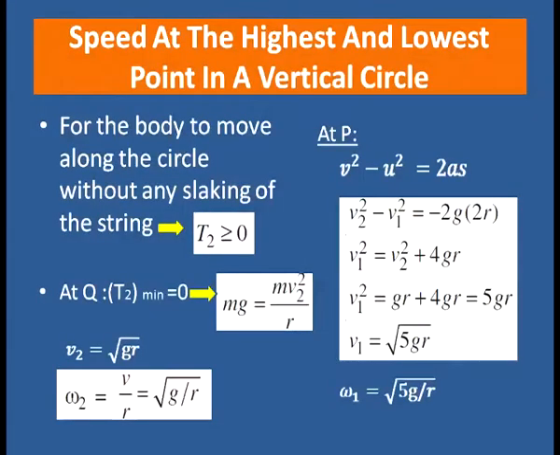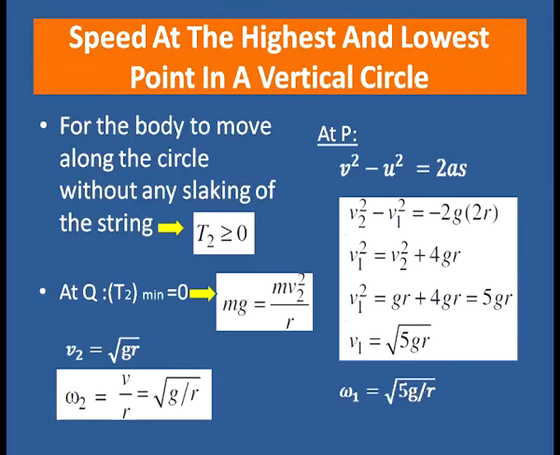Now, what are the speeds at the highest and lowest point in a vertical circle? For the body to move along the circle without any slackening of the string, this condition has to be satisfied: the tension in the string at the highest point, that is T2, must be greater than or equal to 0. That means the minimum value of tension at the highest point, T2 minimum, equals 0.